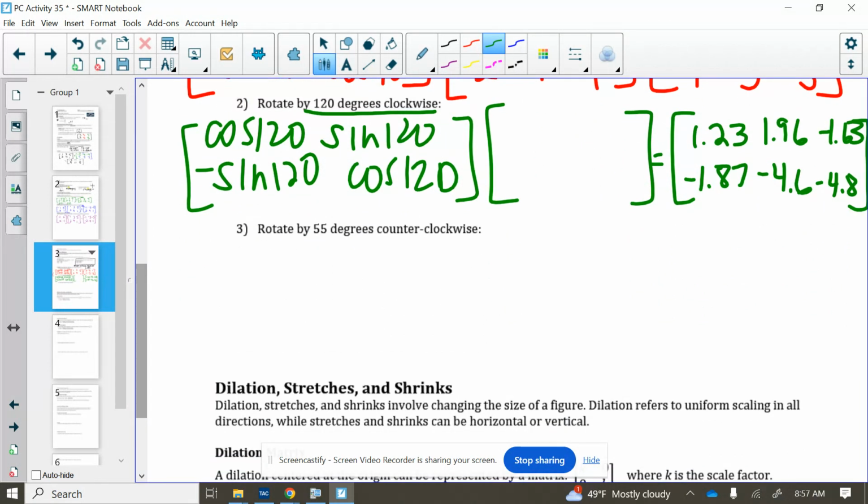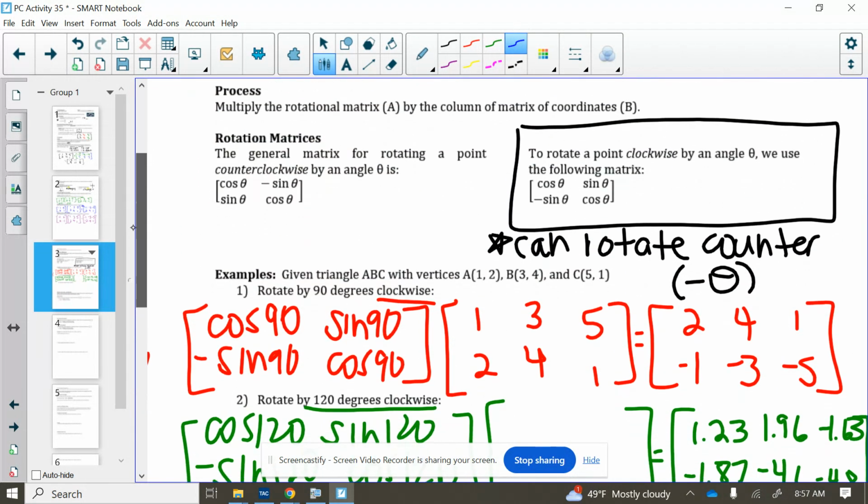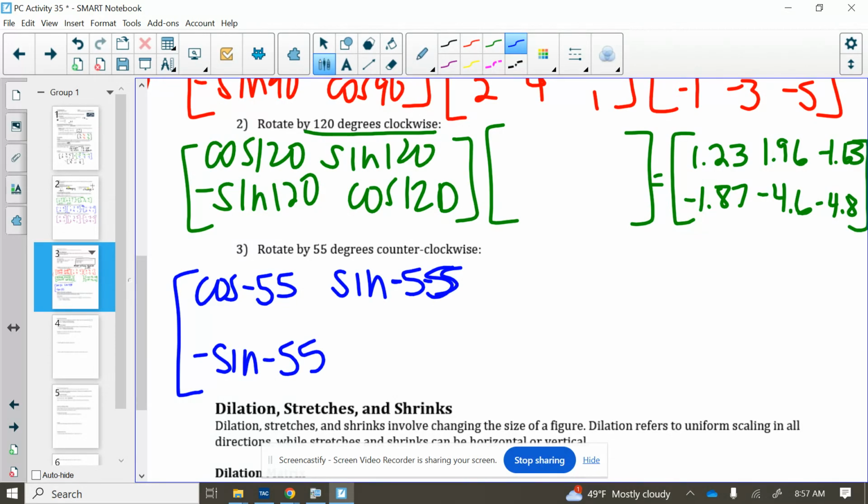Now again, with the counterclockwise rotation, you can either use the rotational counterclockwise matrix, or we can use the same matrix that we've been doing. However, if you want to go counterclockwise, you can just plug in negative 55 as your theta value, and that will show the counterclockwise rotation, again without having to memorize a second matrix.